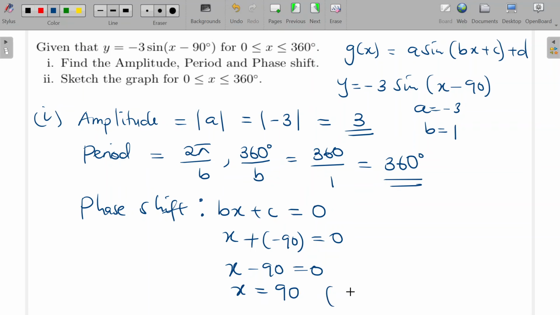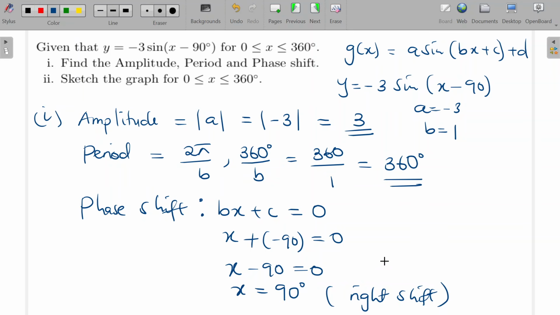It is a positive, so it is a right shift. The graph is shifting to the right by 90 degrees. That is all it is telling us.